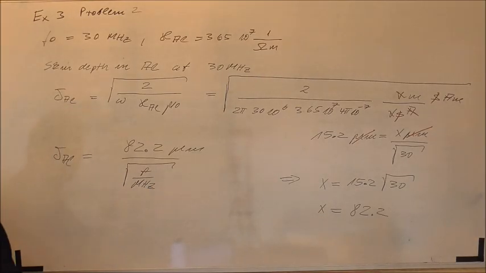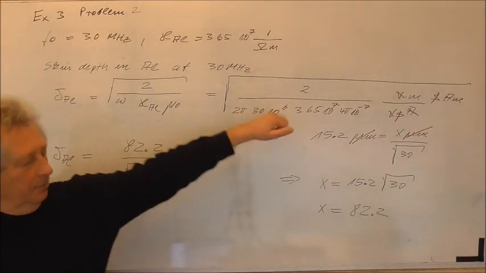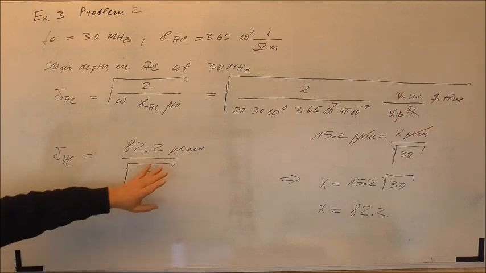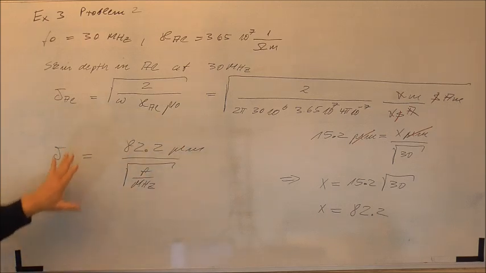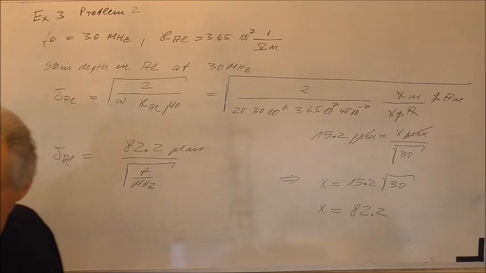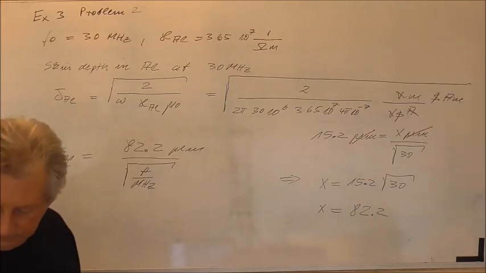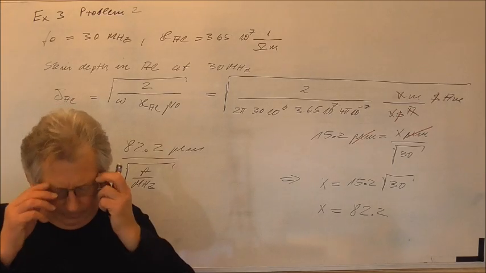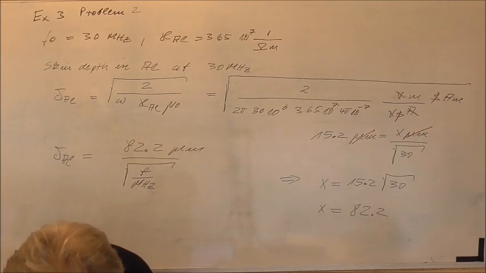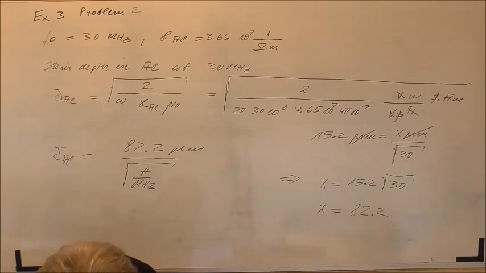So you don't always have to insert all these complicated numbers. You just use this expression to calculate the skin depth in aluminium as a function of the frequency in megahertz. So are there some questions here?